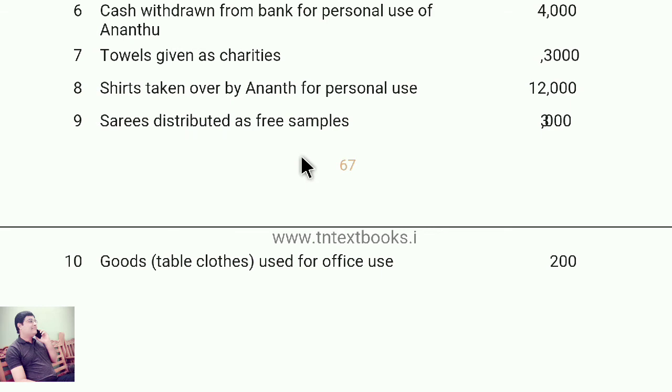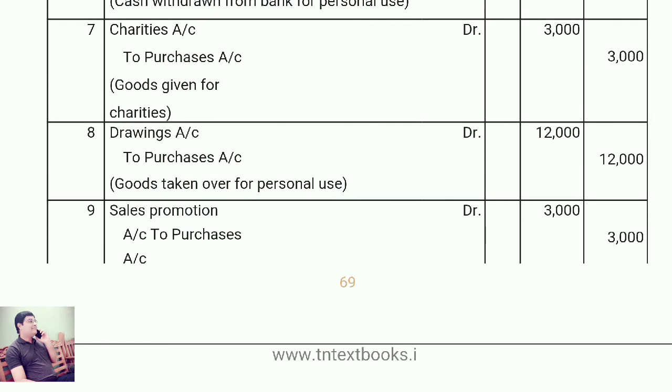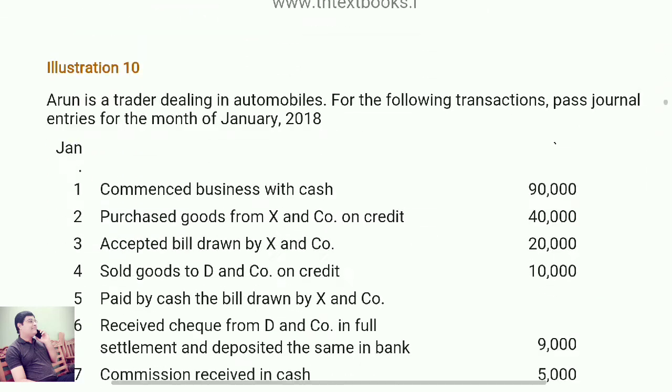Saree distribution as free sample. So when it is a free sample, you have to write that one. Goods, saree distributed as free sample. So free sample means what is the answer for that? For sales promotion we did the free sample. So sales promotion account debit to purchase account.